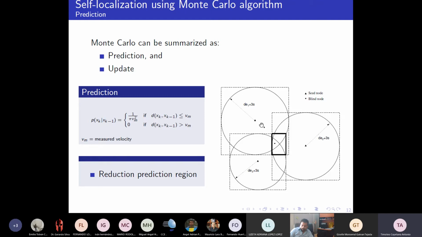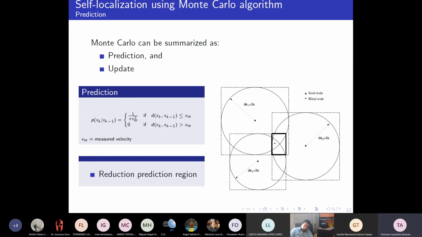In this case, we can form a rectangular prediction region. So the prediction consists of proposing a group of samples, a group of coordinates, inside this prediction region. This is all a prediction region is about.